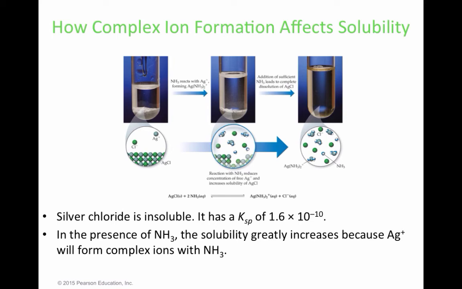You can dissolve more AgCl in solution because you can create these complex ions out of the Ag+ ions that are formed when you dissolve more. If you use enough ammonia, you can completely dissolve that AgCl that is normally insoluble. So the more complex ions you can form, the greater solubility is affected. Again, the solubility typically increases when you can form complex ions.